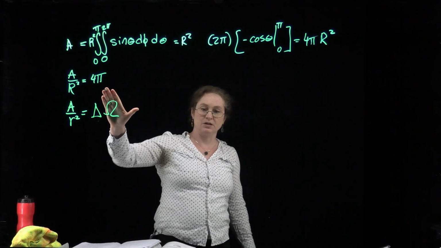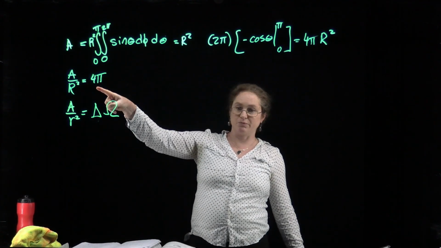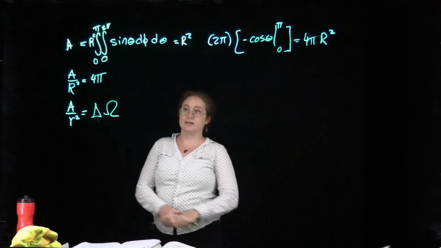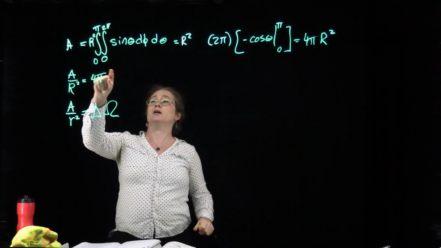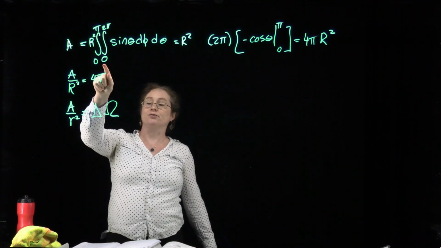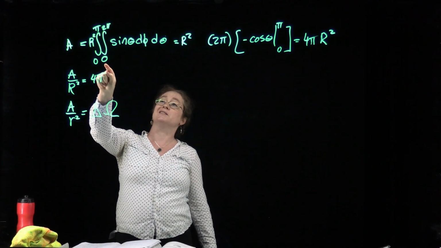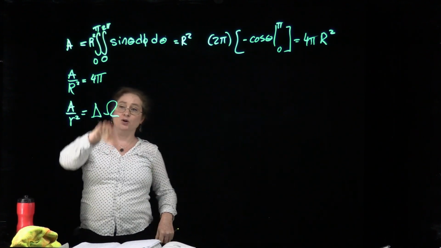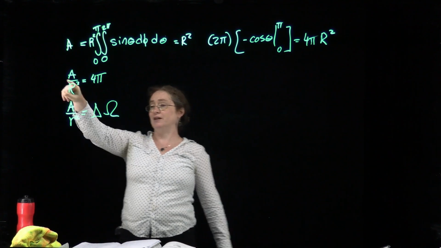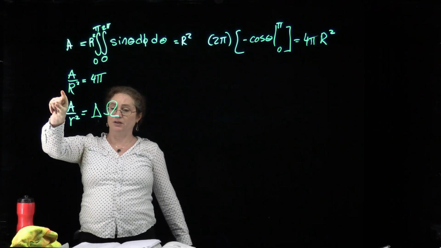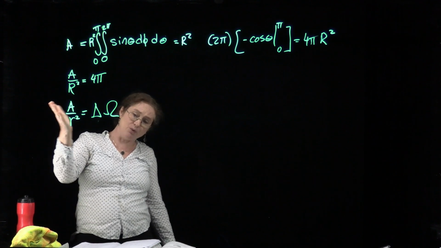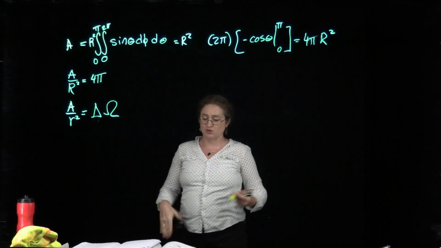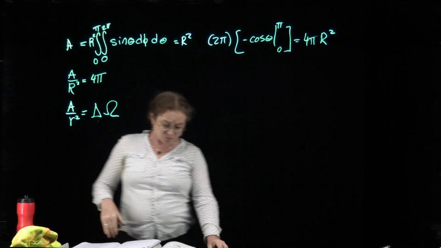So if it is the whole sphere, it is 4 pi. If I integrate over a semicircle, I could, for instance, change this to be from 0 to pi. So I would get an overall integral of 2 pi. And if I take the area divided by the radius squared, I will always have 2 pi for half of a sphere, 4 pi for a sphere.